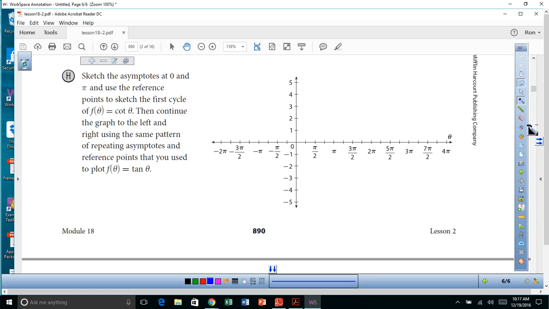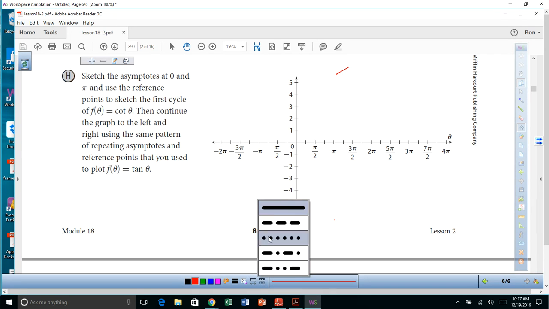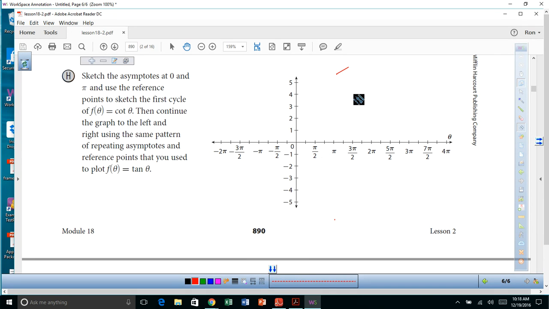Well, okay, the first asymptote is going to be here at 0, right? The next one is going to be here at pi, and I want to use a broken line. Now, what was it at pi over 4?